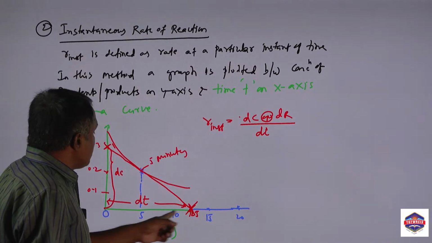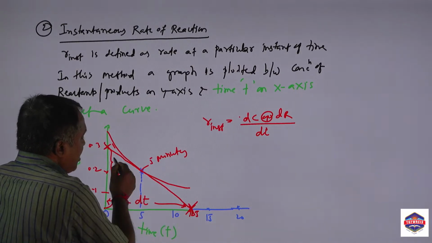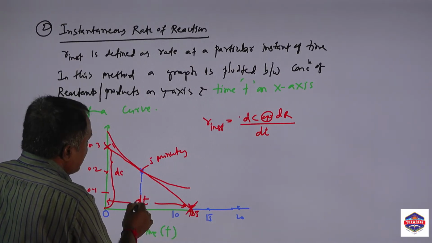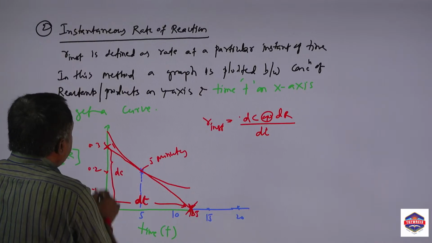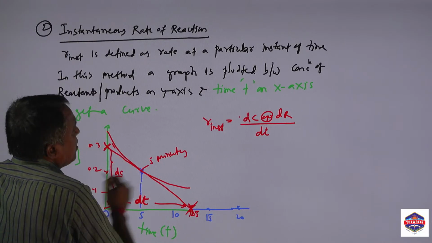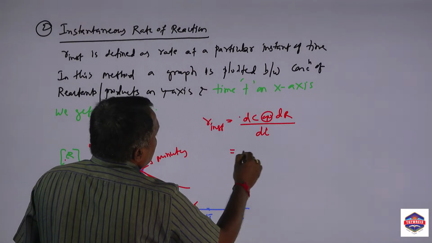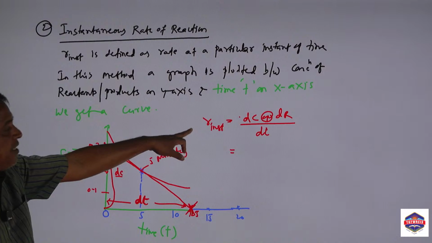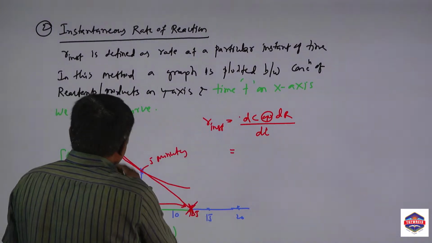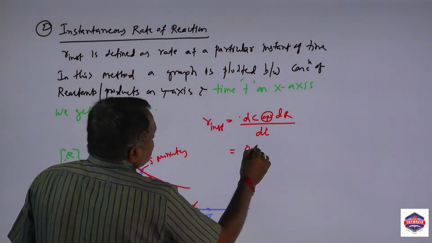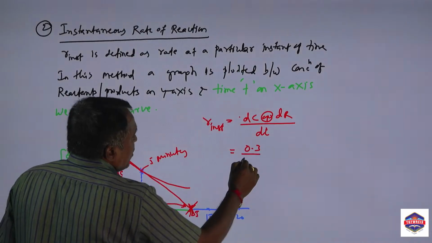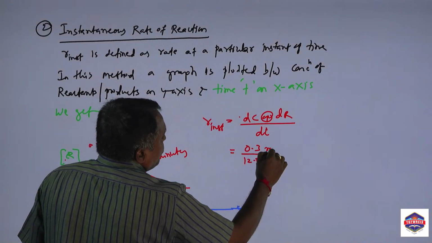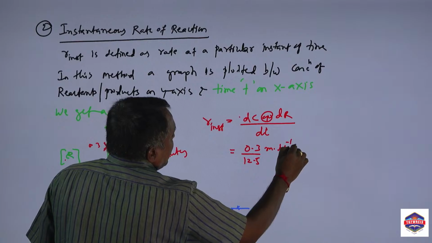So here dt is 12.5, the line where it touches the x-axis, and dc is the line where it touches the y-axis. Therefore dc by dt is the slope of the tangent, which is equal to the instantaneous rate. So this is 0.3 by 12.5, again in mole liter inverse and time inverse.